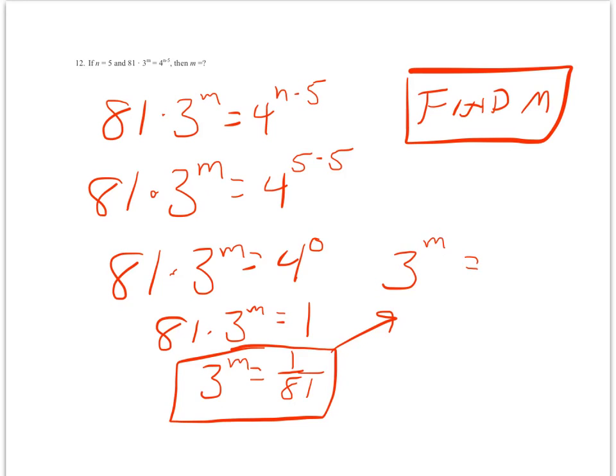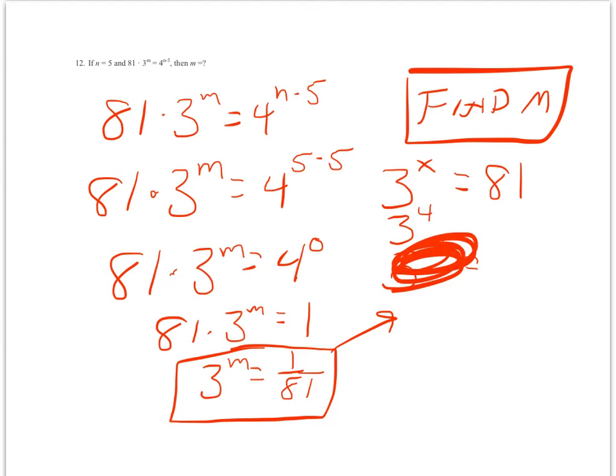Different question. 3 to what exponent equals 81? Not 1 over 81, just 81. Well, it's a 4. 3 to the 4th means 3 times 3, which is 9, times 3, which is 27, times 3, which is 81.